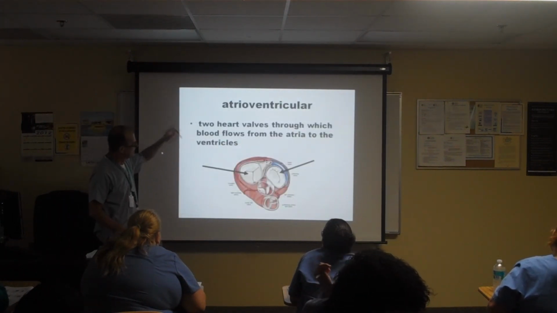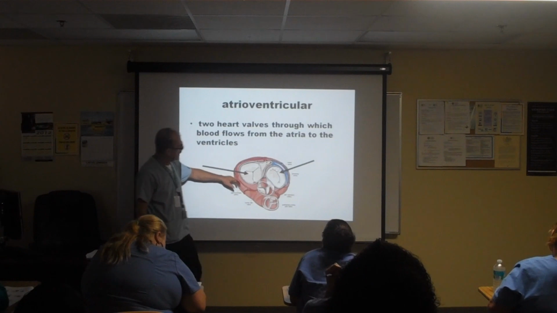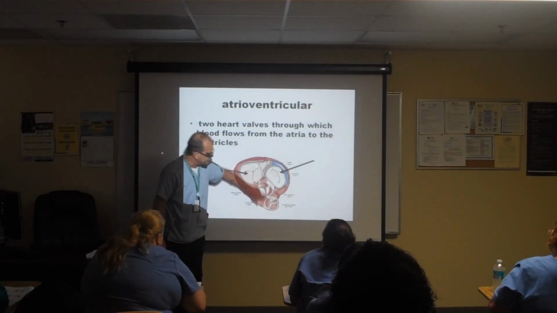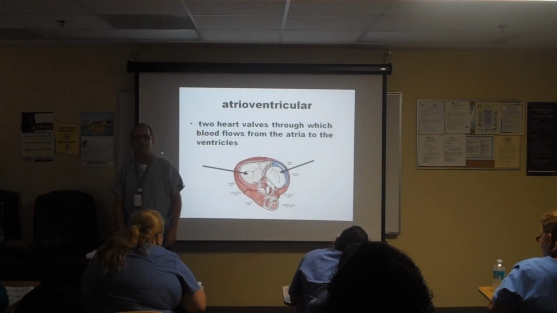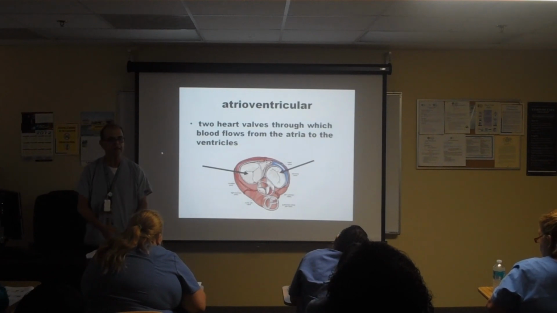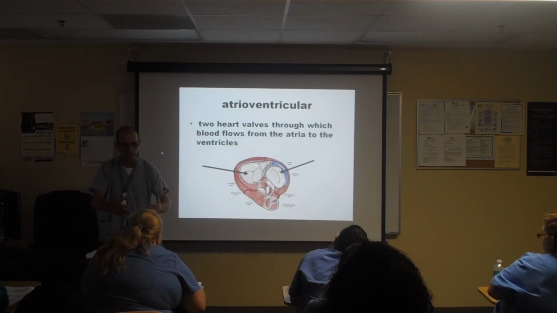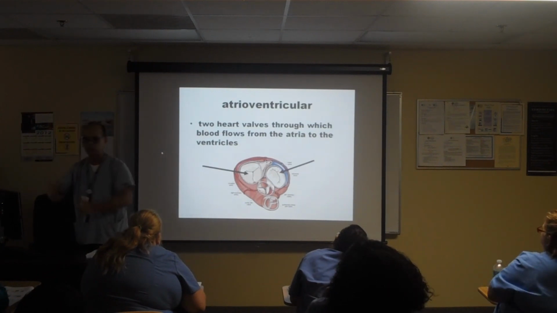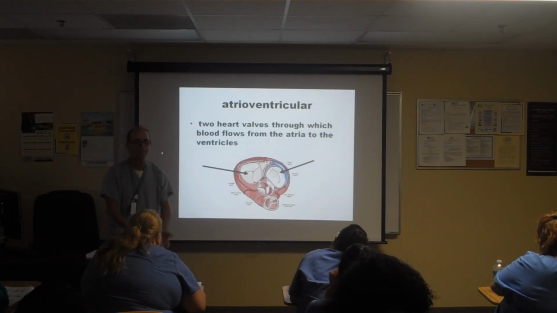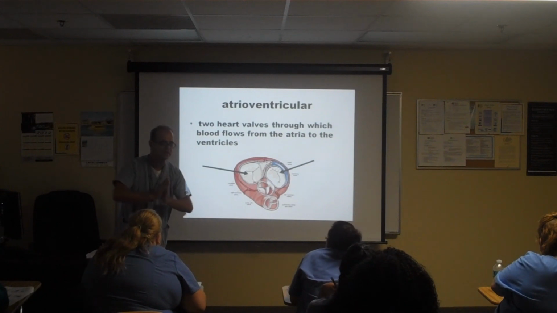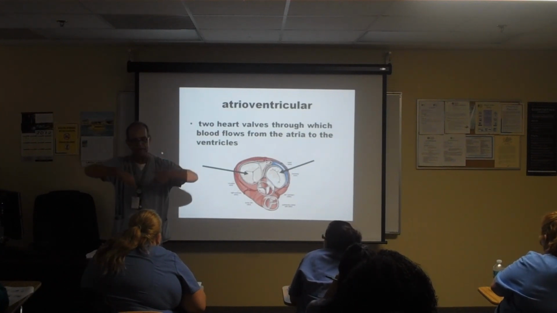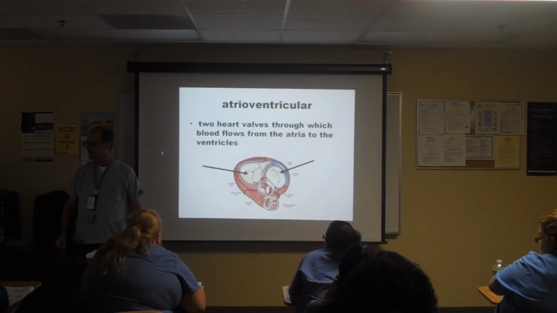Atrioventricular. You can see in this excellent picture the two atrioventricular and the two semilunar valves. Remember, if one atrioventricular valve is open, the other atrioventricular valve is open too. And if the atrioventricular valves are open, the semilunar valves are closed. They work in opposition, semilunar and atrioventricular.